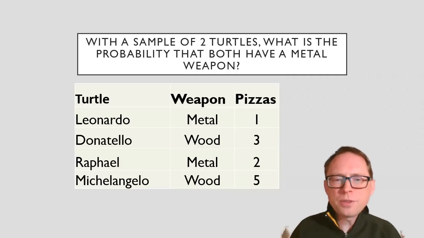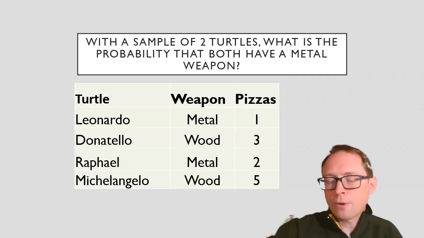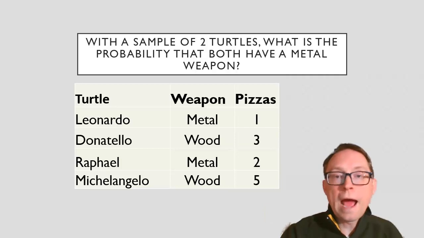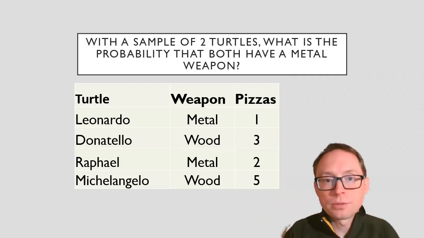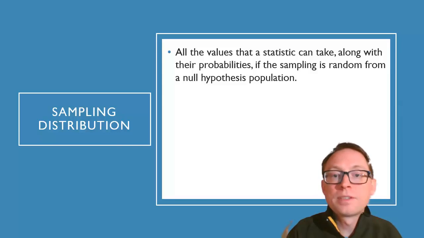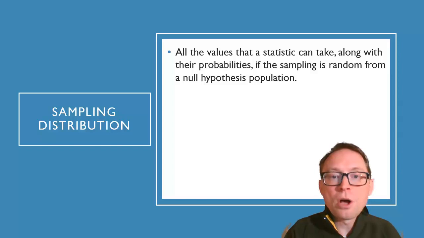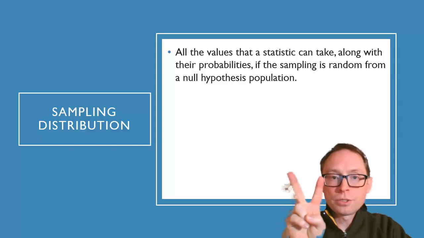But you can also think about this just by looking at the probabilities in terms of what would happen if you looked at all the possible combinations of a sample of 2 turtles, right? And that's the sampling distribution. A sampling distribution is all the values a statistic can take. So in this particular case, remember, I'm taking a sample of 2 turtles, all right?